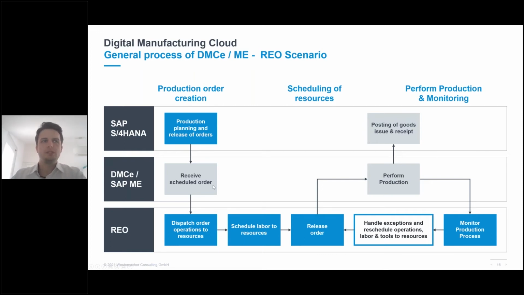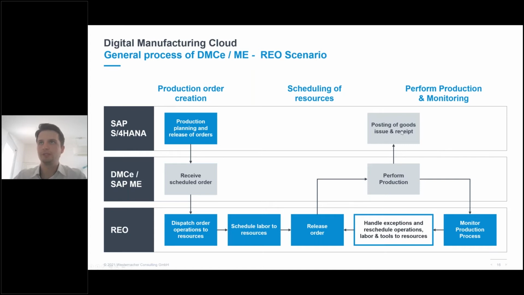There the order is received, and then you can either already release it, or you first dispatch the order and the respective operations within there to the respective resources, schedule the labor to the respective resources, and then release the order, all in the resource orchestration module.